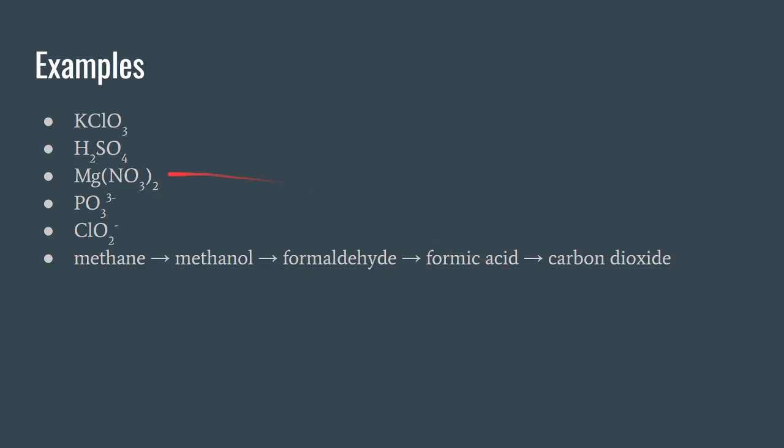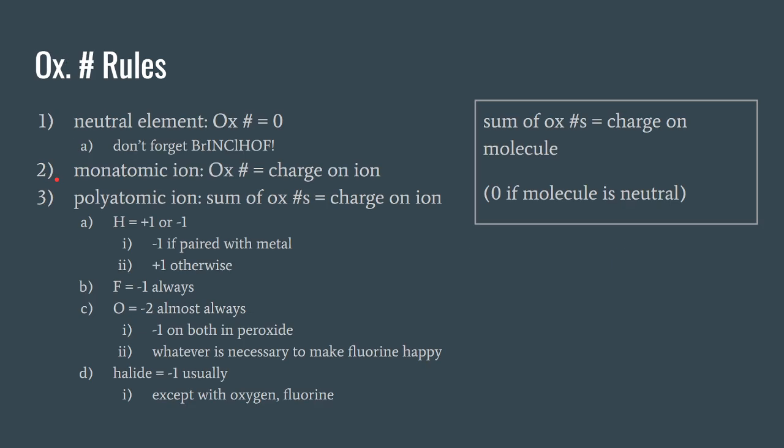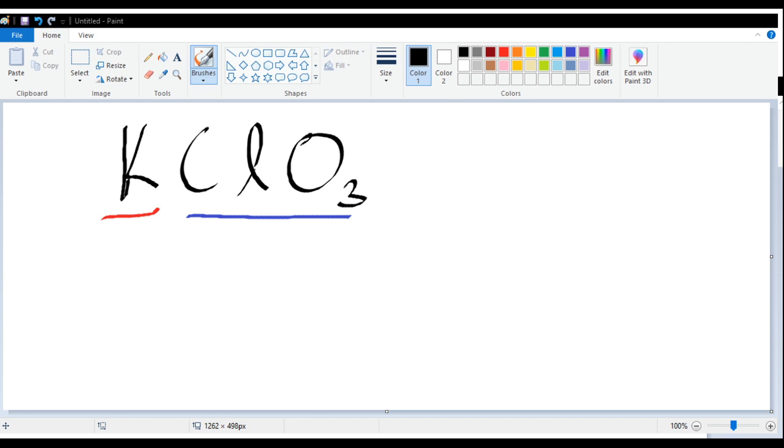So monatomic ion, the oxidation number is the charge on the ion. Meaning that potassium, monatomic ion, charge on the ion is positive 1, so the oxidation number is positive 1.